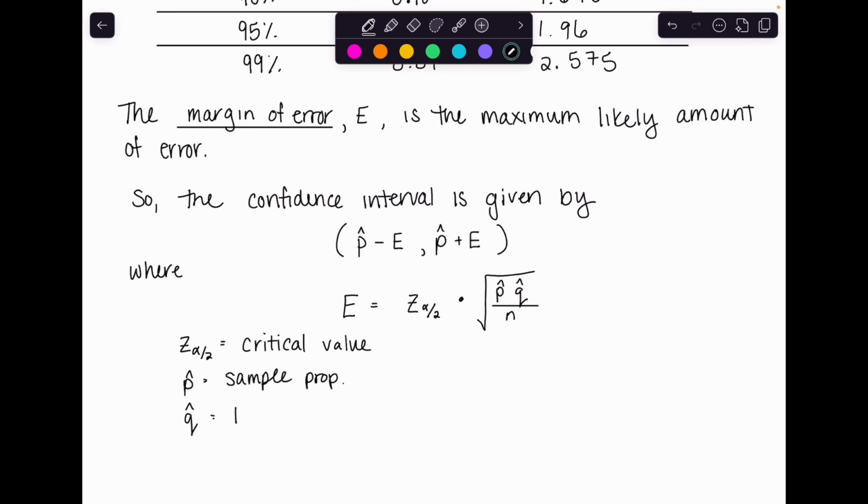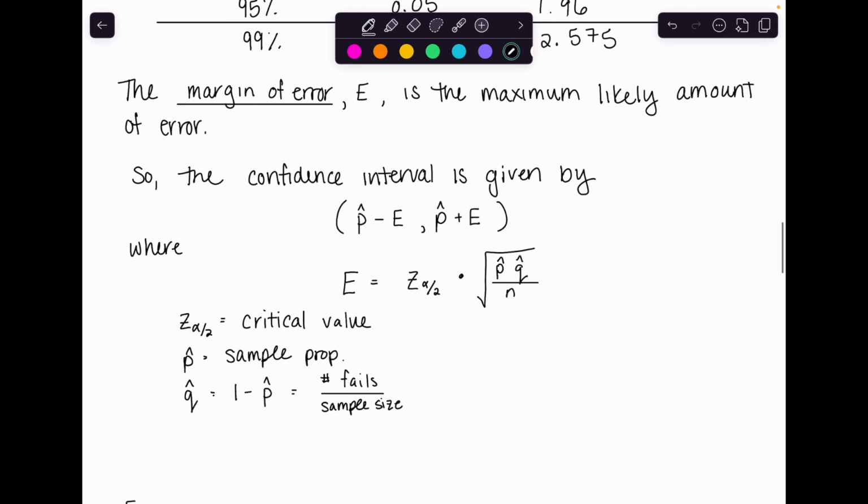The way we can actually find this is you take 1 and subtract that sample proportion. So you can think of this as the number of fails divided by the sample size. So it's the sample of people that don't agree with the question. And then N still represents the same thing. It is that sample size, so the number of people that were surveyed.